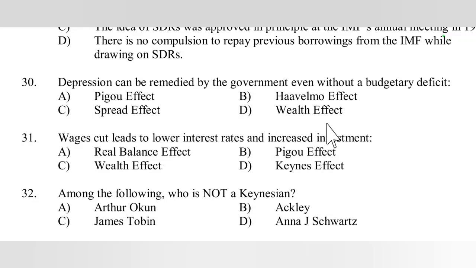It is called as FREE effect. FREE effect suggests that an increase in government spending, even without running a budget deficit, meaning finance by taxes or other than borrowings, can stimulate economic activity and help to combat depression. This effect occurs because government spending directly increases aggregate demand.